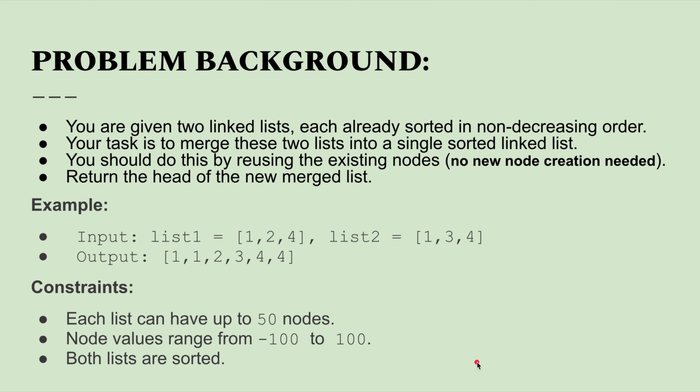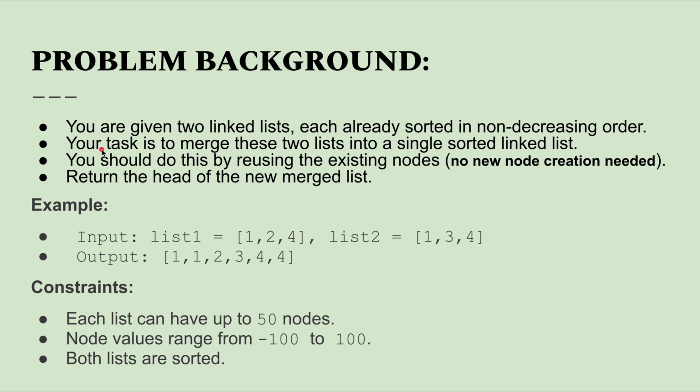If you have gone through the problem statement and paused the video, then you clearly understand what the problem is here. Let's understand the background of the question. The question is saying that you are given two linked lists, each already sorted in non-decreasing order. Non-decreasing means increasing order.